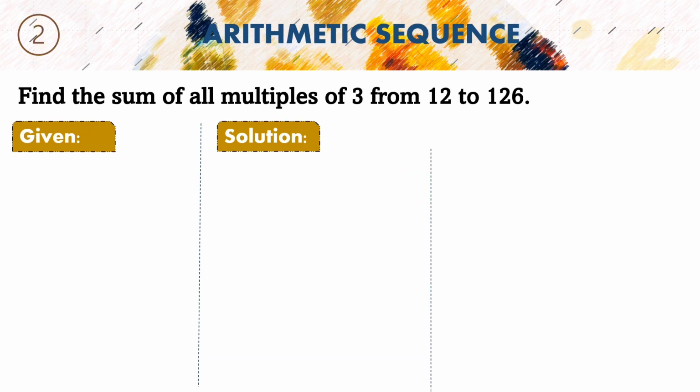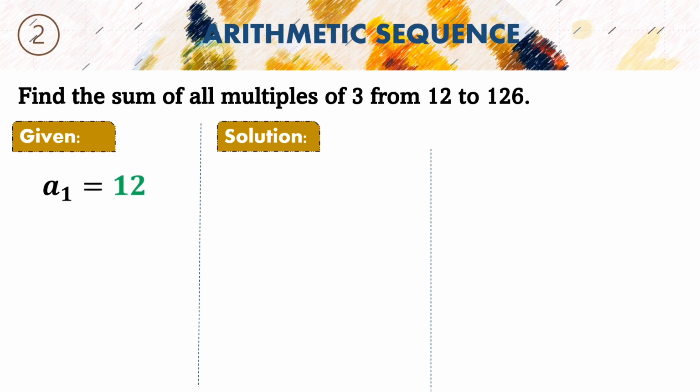Example 2. Find the sum of all multiples of 3 from 12 to 126. So what are the multiples of 3? So 3, 6, 9. So you add 3 to get the next term. So from 12 to 126. So a sub 1 then is 12.